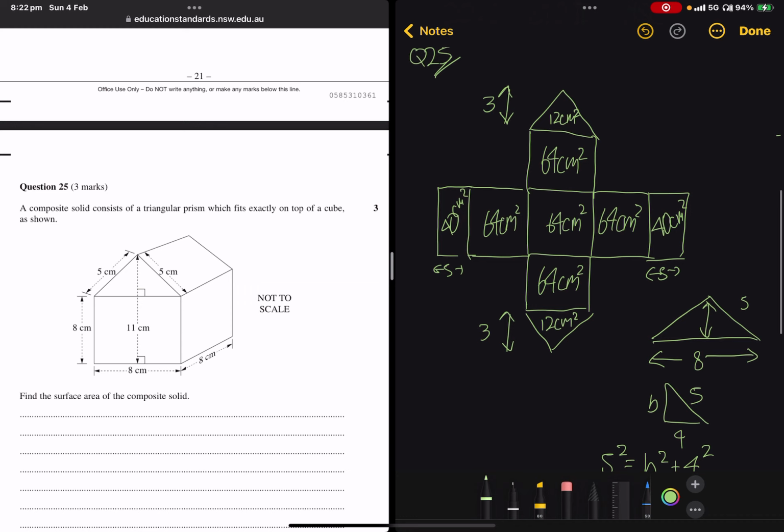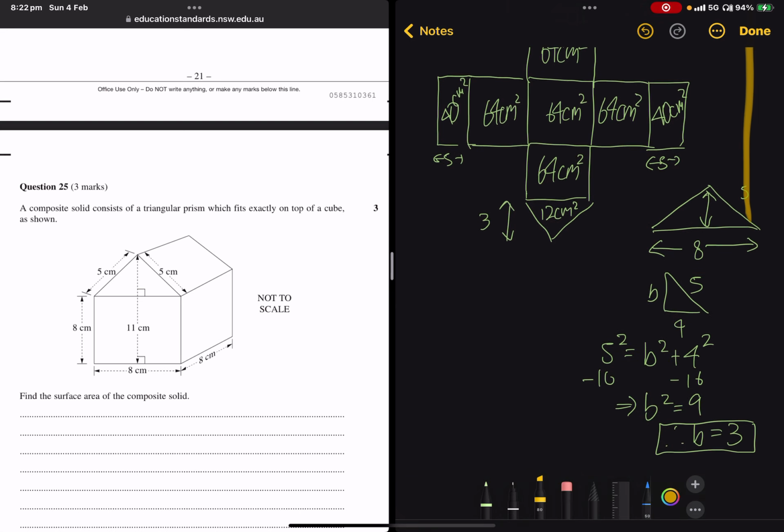In terms of the marking, if you use a net, you get 1 mark for the net with at least some values in it correct. If you are drawing the net this way and you calculate the 3 using Pythagoras theorem, you get a mark for that working. You can also do it by identifying that the height of the shape is 11.